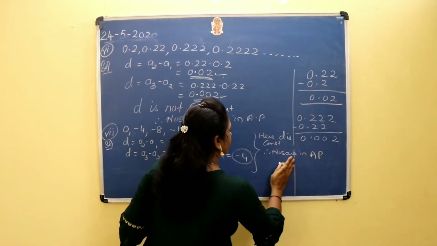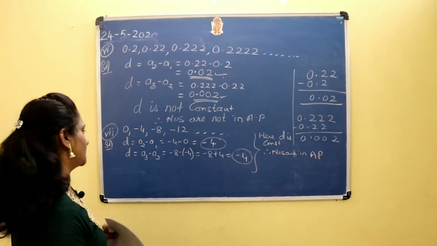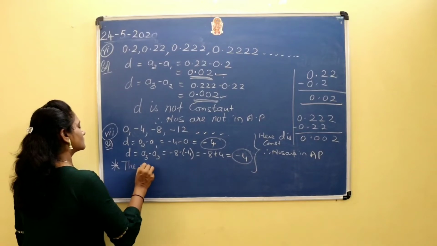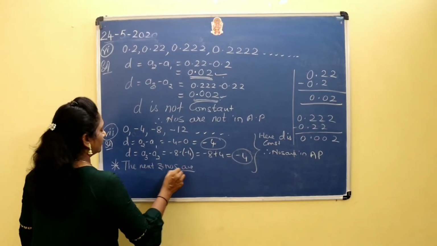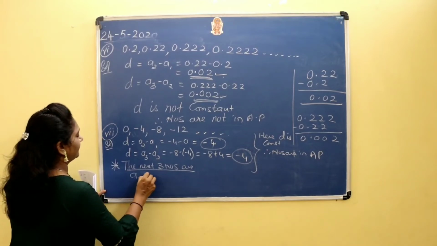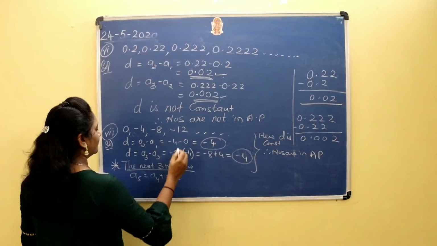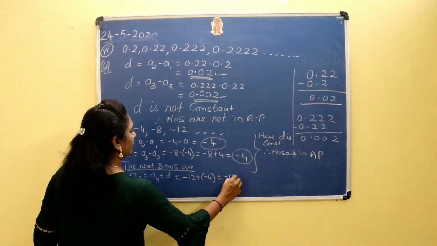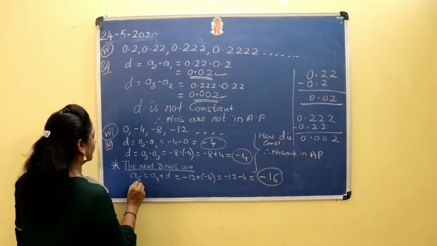If the given numbers are in AP, then we have to find out the next three numbers. Here we have A5. A5 is equal to A4 plus D. Your A4 is minus 12 plus of minus 4. You will get minus 12 minus 4, that is minus 16.